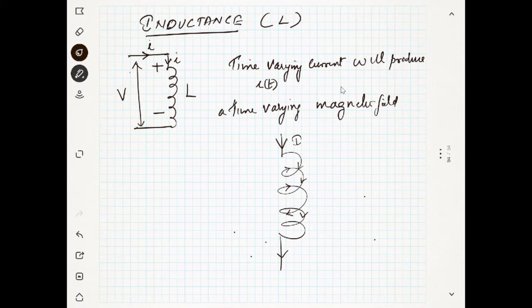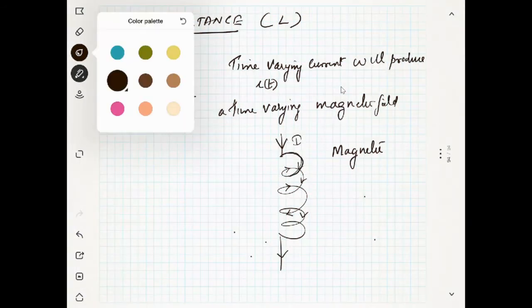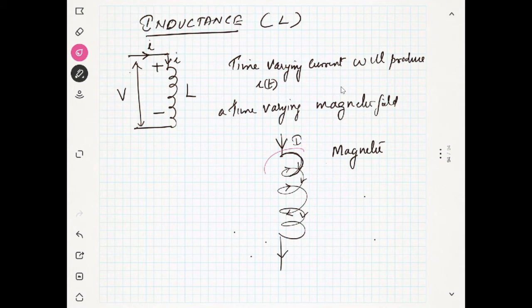Then definitely there will be a magnetic flux. What is this magnetic flux? Usually it is the magnetic flux in each coil. Suppose you take one coil like this, there will be a magnetic flux, usually denoted by phi, and the unit of this is Weber.